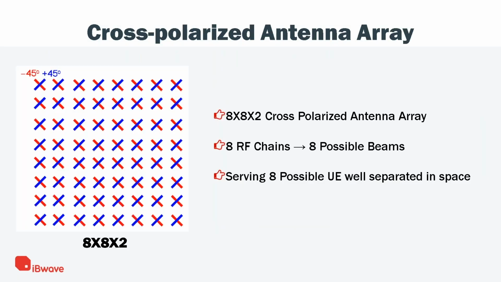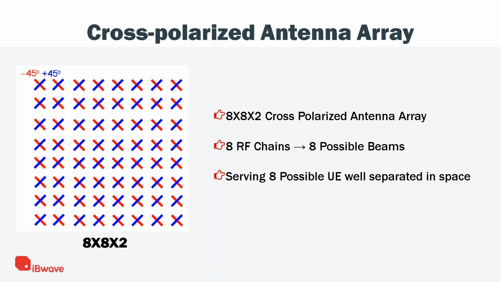Another illustration of this type of antenna array used in the industry: let's suppose you have an 8 by 8 cross-polarized antenna, which means you have 64 by 2, which is 128 antenna elements. And let's suppose there is a possibility to connect each column or each row with one particular RF chain.